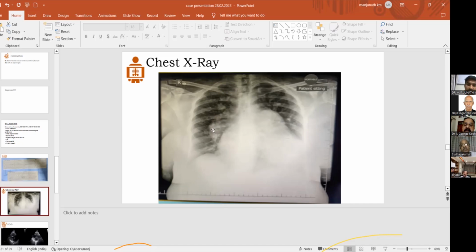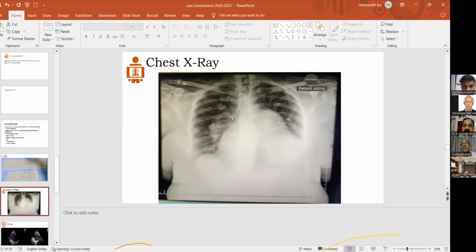This is very vague, you cannot say that. Where do you measure the right pulmonary artery diameter? No, that is not the way. You measure it in the right descending pulmonary artery after it has given the branch to the upper lobe. That's why it is called the right descending pulmonary artery.